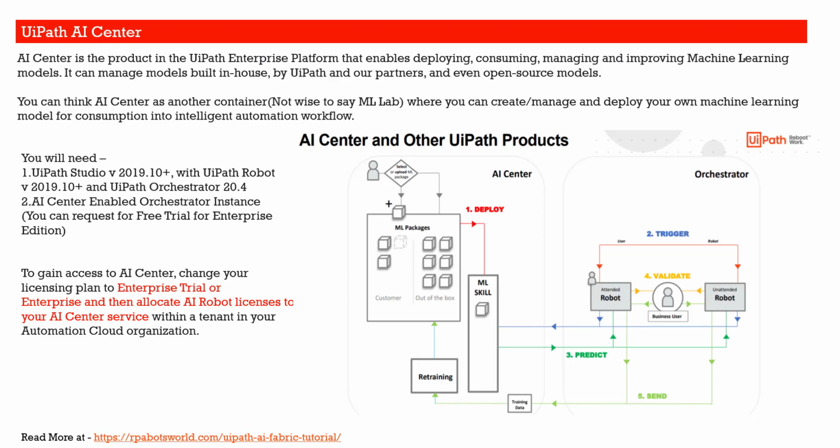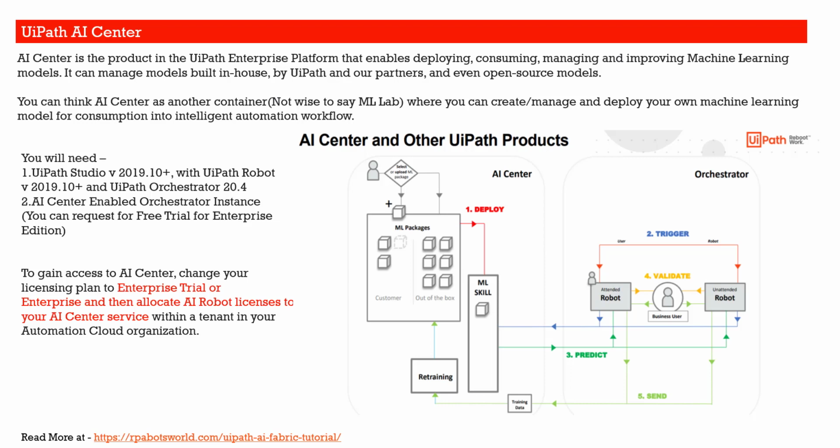For using the AI Center, there are certain limitations, in terms of needing different kinds of licenses. An AI Robot license will be required for AI Center services to be used. And once you have the AI Center license or AI Robot license, you should be able to use ML skills inside your automations. So let's quickly look at the different components of AI Center.